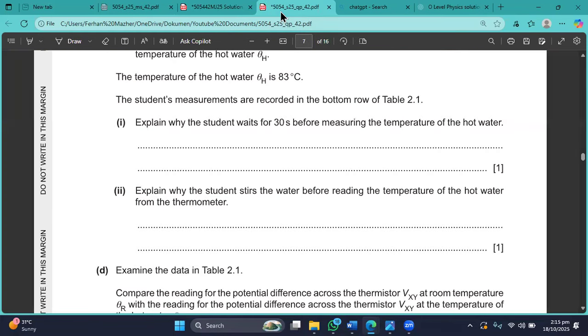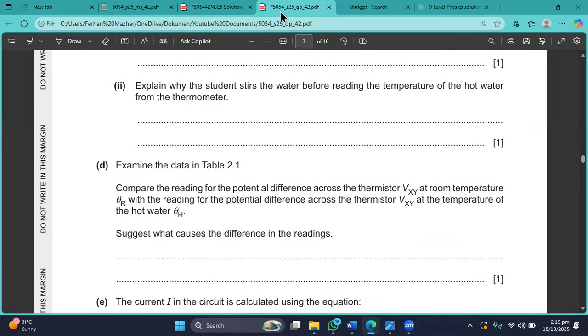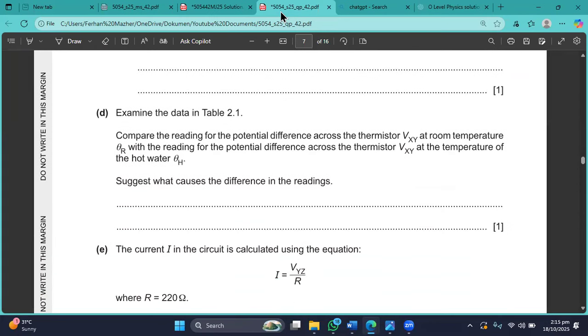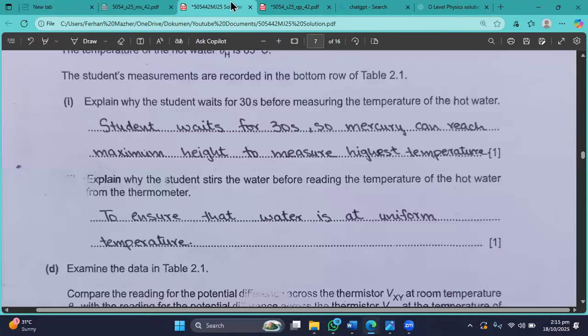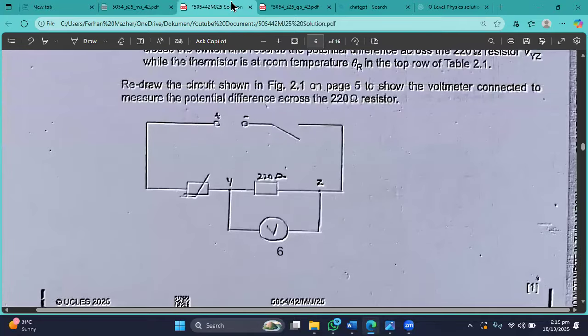Okay, then they say examine the data in table 2.1. Compare the readings of the potential difference across the thermistor Vxy at room temperature with the reading for the potential difference across the thermistor Vxy at the temperature of the hot water. So that's what causes the difference in the reading. If you look at that table, I have done that table.